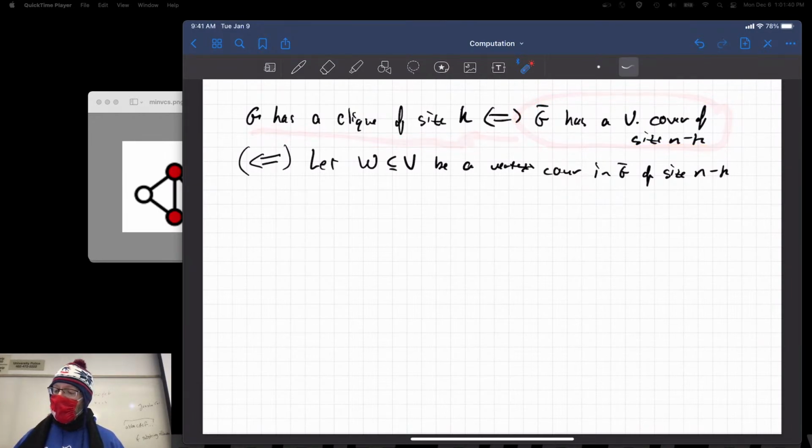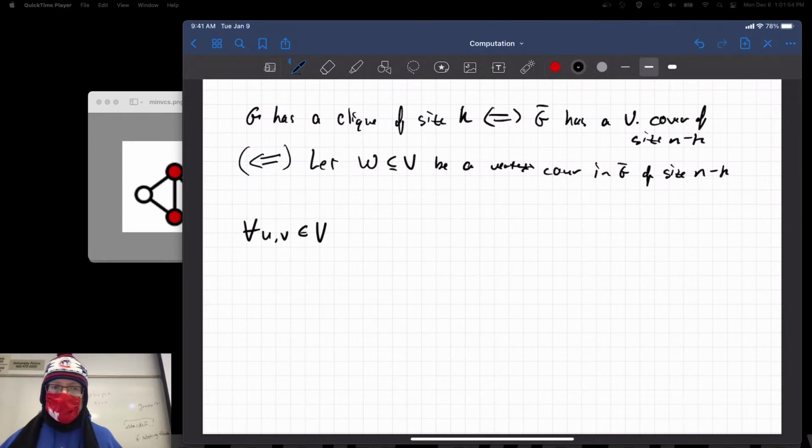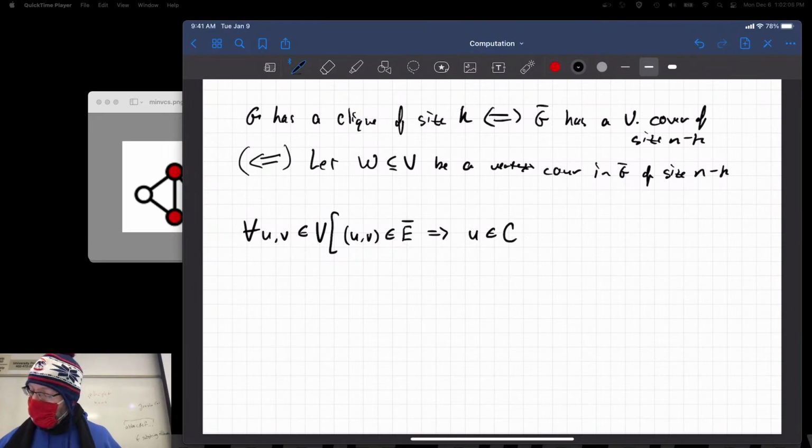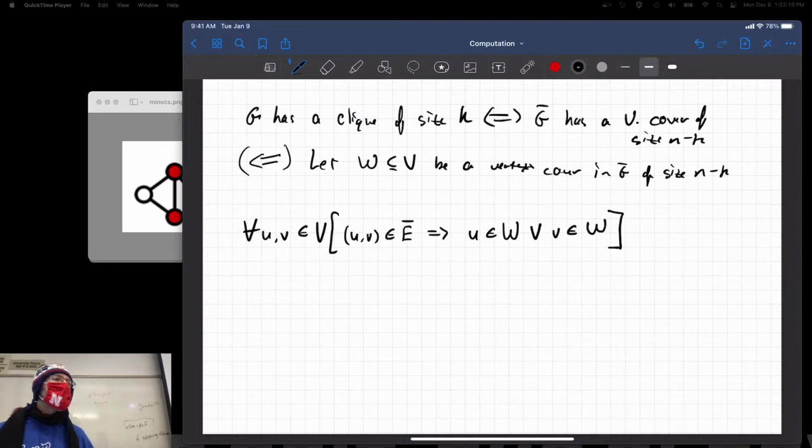Okay? So all I'm going to do here is, now here's where the contrapositive that you mentioned comes in. All I'm going to do is state the definition of a vertex cover. So for all U comma V in the vertex set, U comma V is an edge in the complement graph, implies that U is in W or V is in W. Okay?